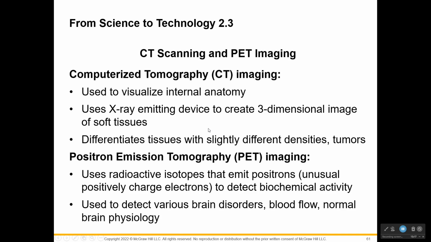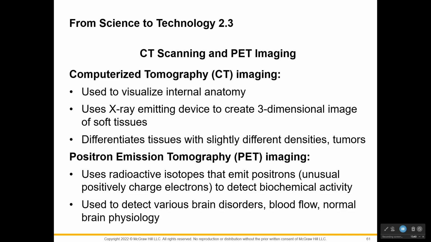And this is just nice to know, a CT scan versus a PET scan. We're just kind of throwing in a little bit of technology used in the doctor's office. So a CT scan is to also look at internal anatomy, and it uses an X-ray emitting device, and it creates like a 3D image of the soft tissues.